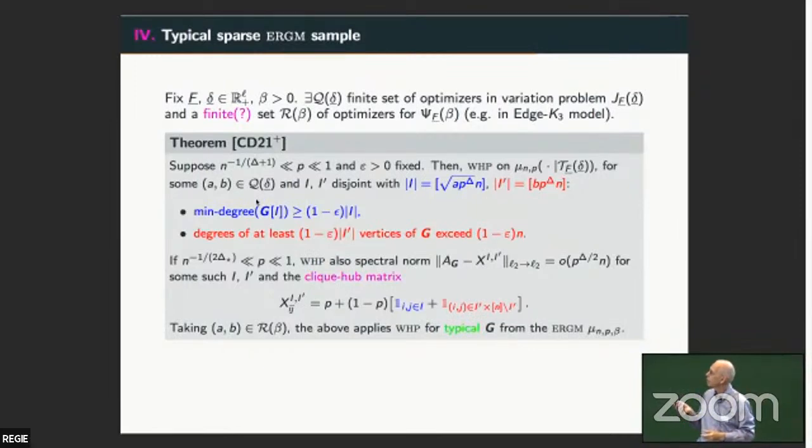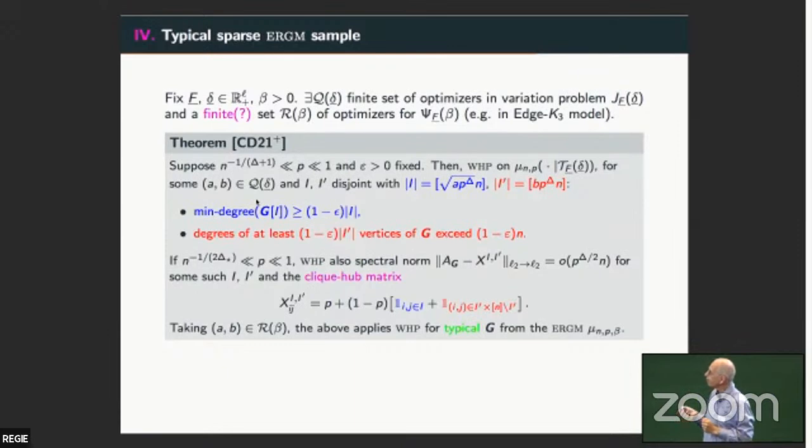Relatively small here means much smaller than n times P to the delta over 2. So it's a stronger statement: it's not just the appearance of the black part, but the distance from something which is otherwise P is very small.